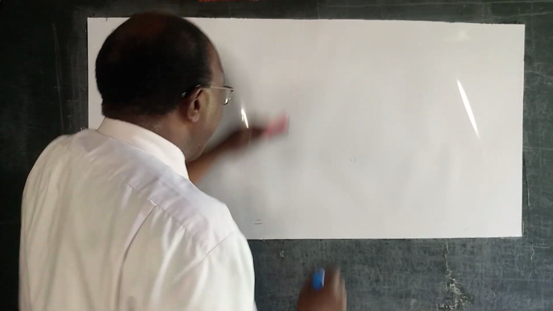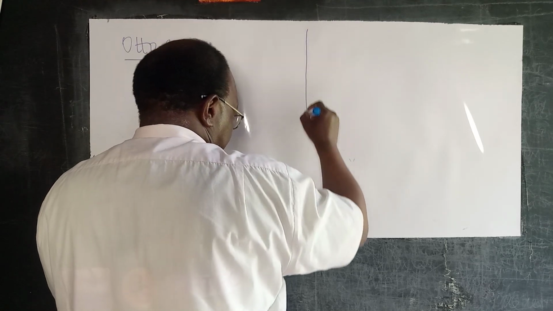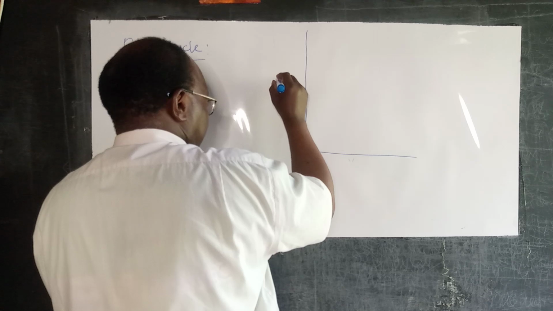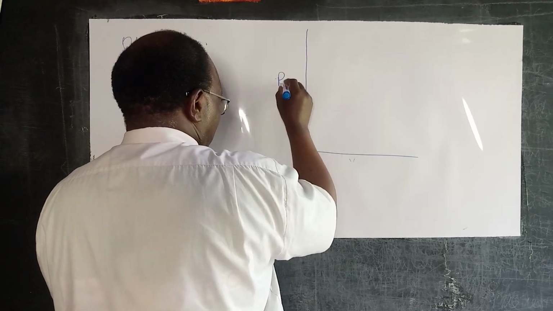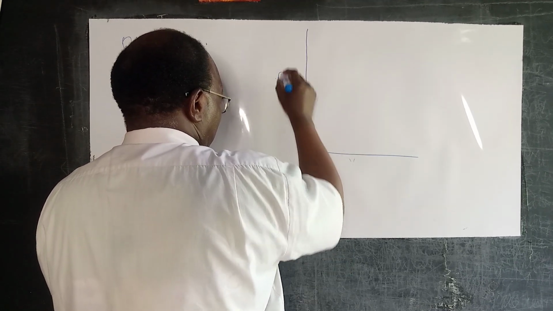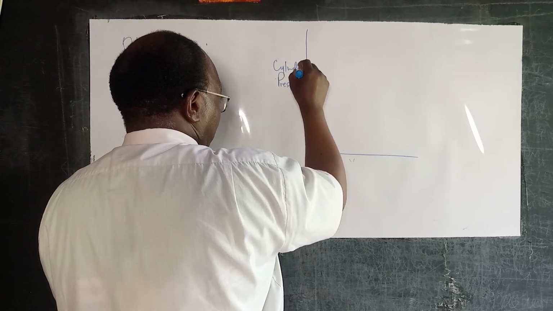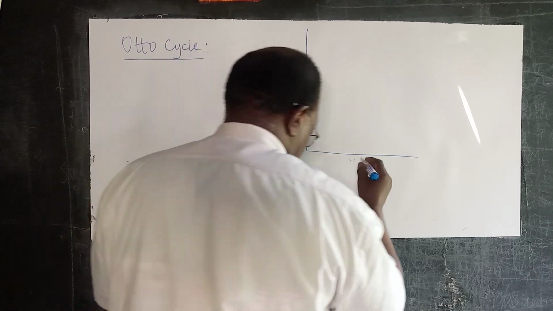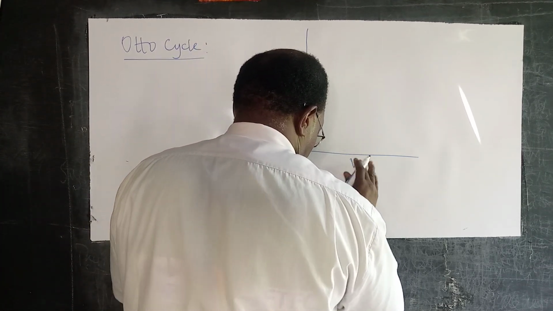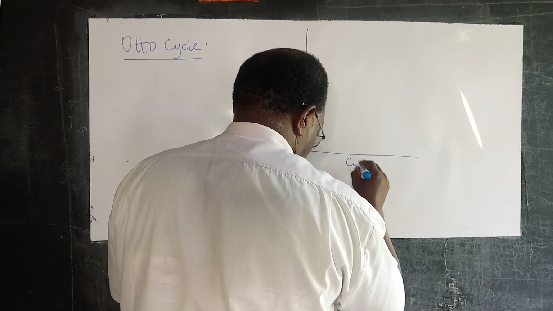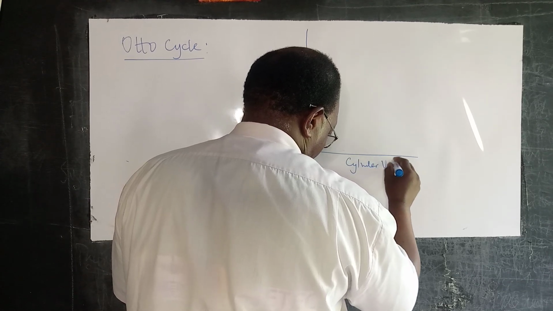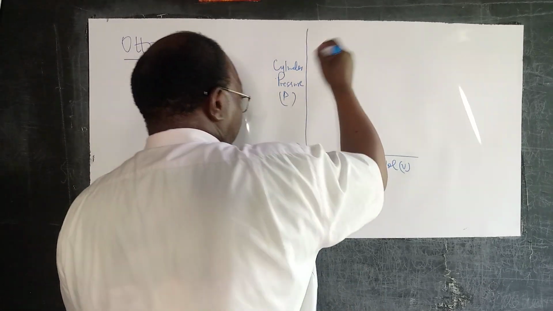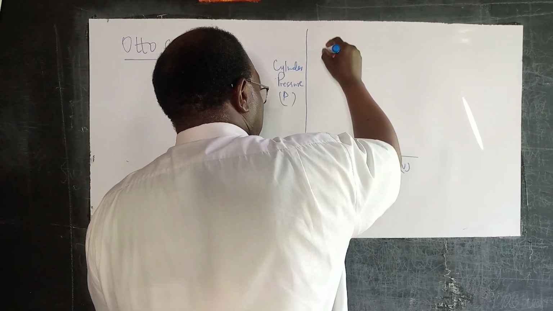Let us discuss it in light of the pressure-volume diagram: cylinder pressure, and we want to look at the volume, cylinder volume, and the kind of diagram which you get.